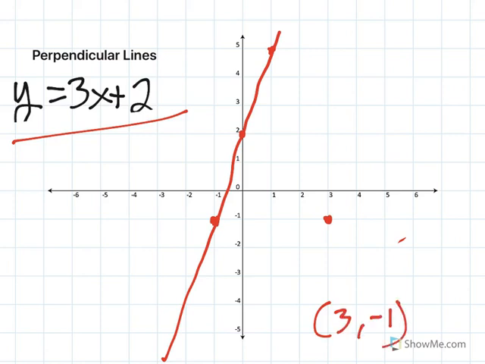Okay, so like when we did parallel lines, basically I know what the slope is. Now remember, if they're parallel, they have the same slope. And here's the slope of this one.